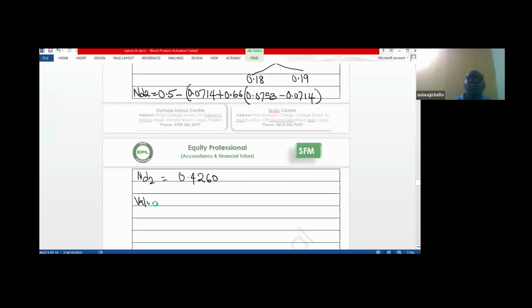Value of call option. The formula is X0 multiplied by ND1 minus E exponential RT multiplied by ND2.